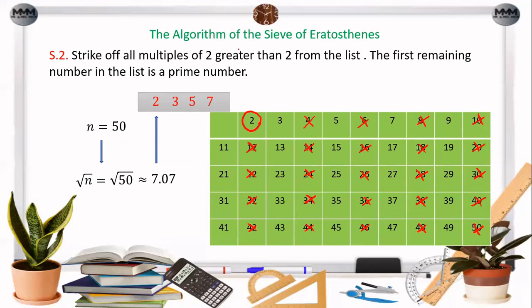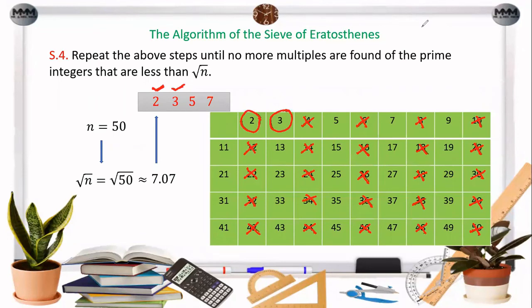So we have crossed out all the multiples of 2. The first remaining number in the list, which is 3, is a prime number, so we encircle this 3.